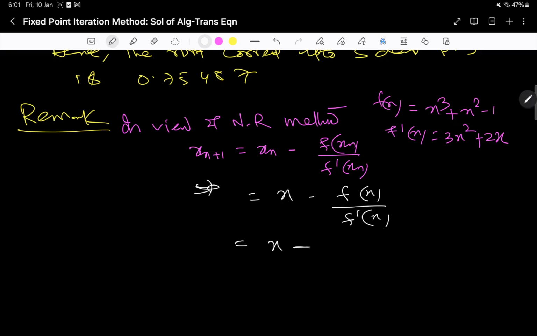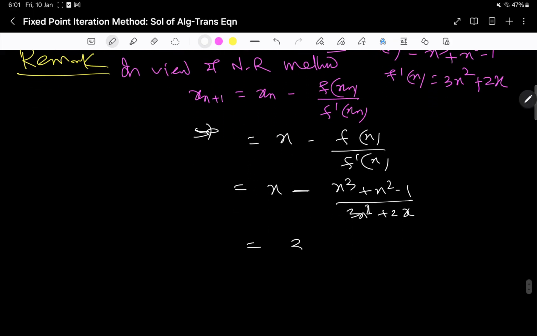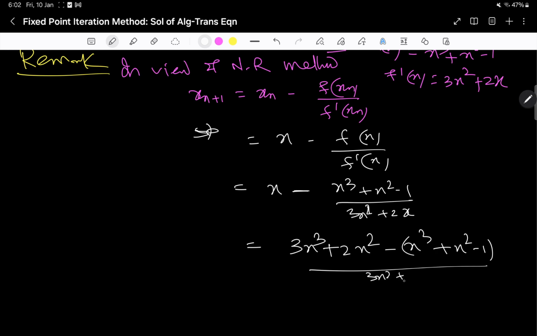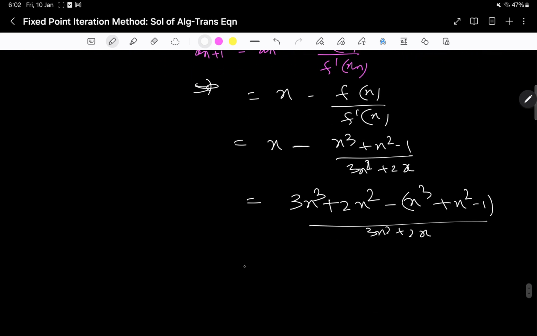So this is x minus x cube plus x square minus 1 by 3x square plus 2x, okay. If I simplify it, it is 3x cube plus 2x square minus of x cube plus x square minus 1 divided by 3x square plus 2x, so this is equal to here 2x cube plus x square plus 1 by 3x square plus 2x.